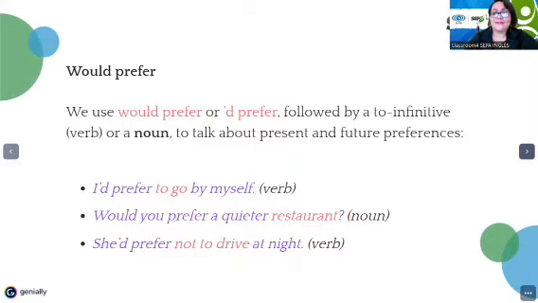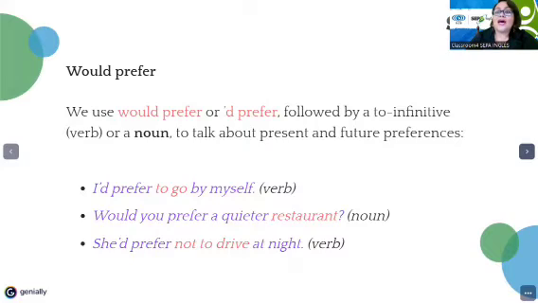Okay, let's see first would prefer. We use would prefer or prefer followed by a to infinitive verb or a noun to talk about present and future preferences. In this case, we have some examples. I prefer to go by myself. The verb to go.